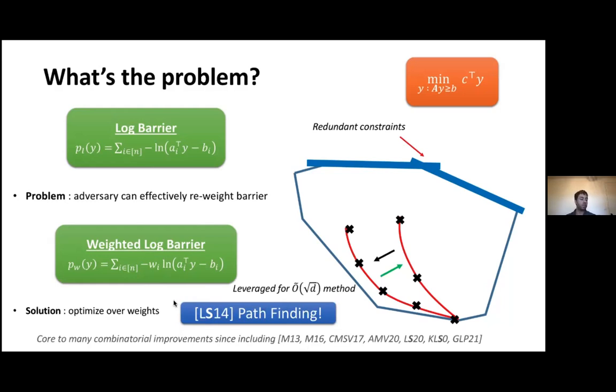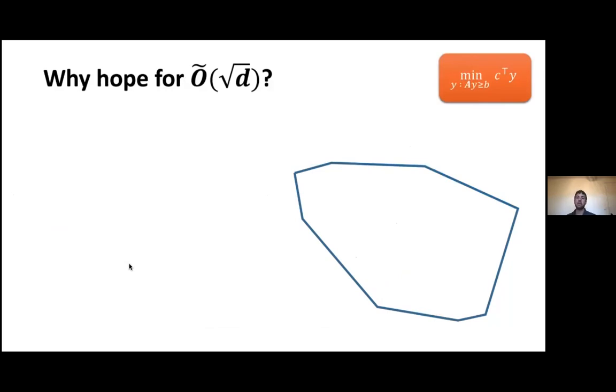And one could also argue it has shown up implicitly in a variety of primal dual central path methods historically. All right. So this is the first approach we'll take towards getting a faster method. And before doing that, maybe the first question to ask is why really hope for a root d iteration method? Yes, we know that there is a d self-concordant barrier, but I also said computing it is very, very expensive in the worst case.